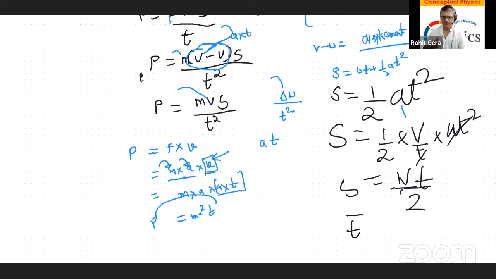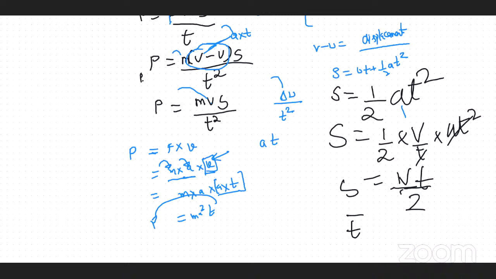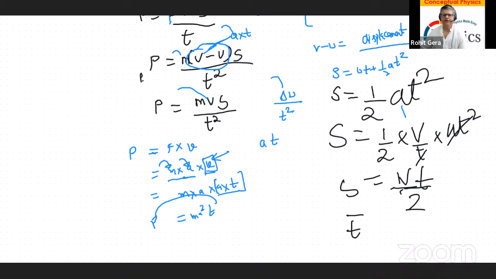So in a uniform motion, the rate of delivery of work, अगर आपको निकालना पड़ जाए, तो P versus t graph is a line with a slope of m a square. So variable power being delivered. Uniform acceleration में variable power is being delivered. Time dependent है. हर instant पे अलग power का rate आ रहा है.